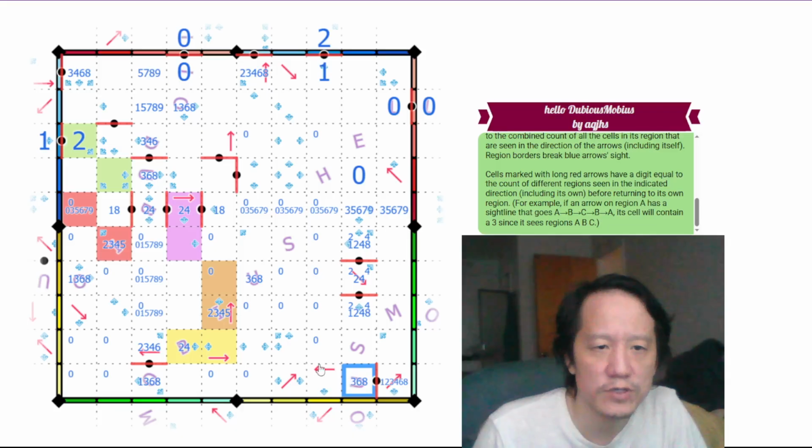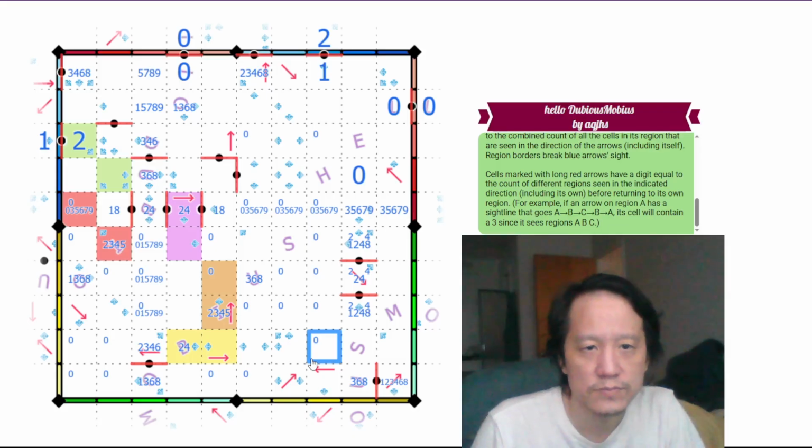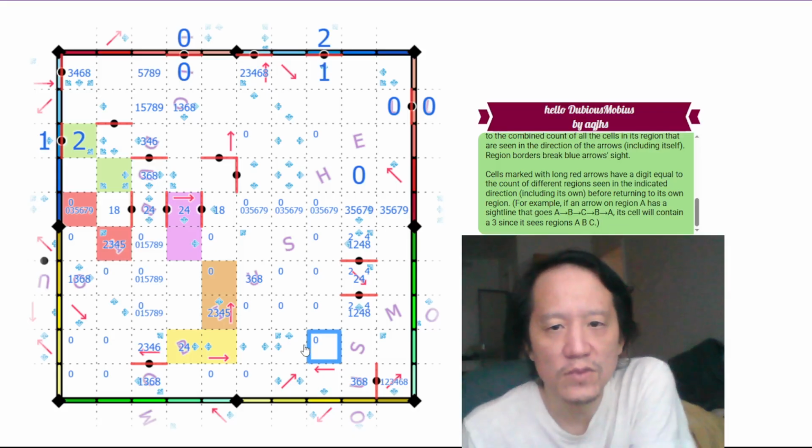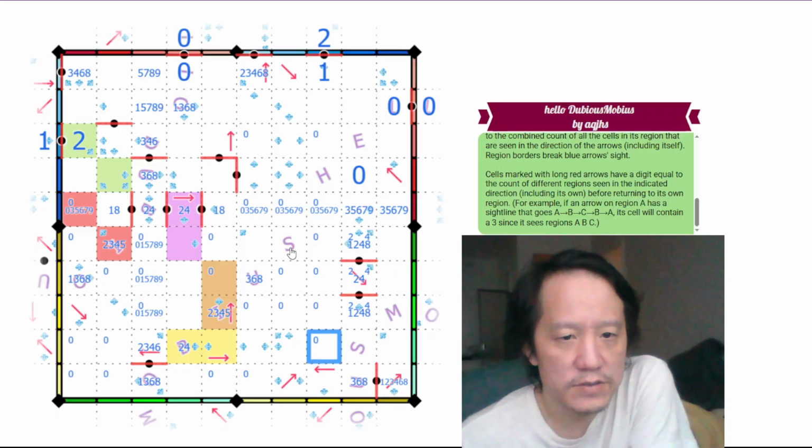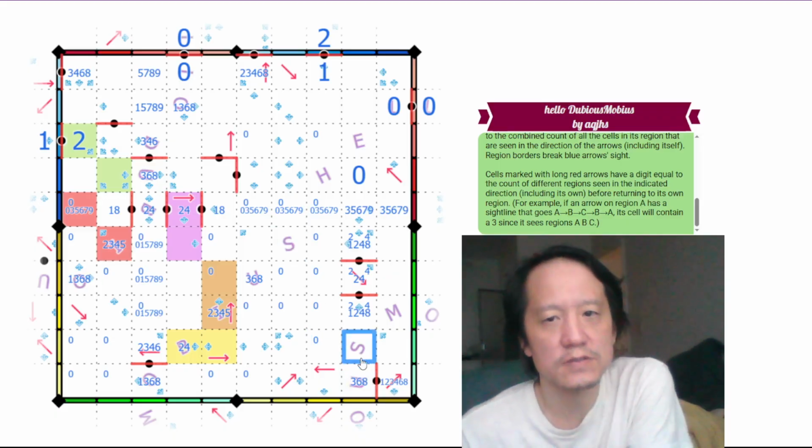So, dubious Mobius. S is seen twice. So these two are the S's.